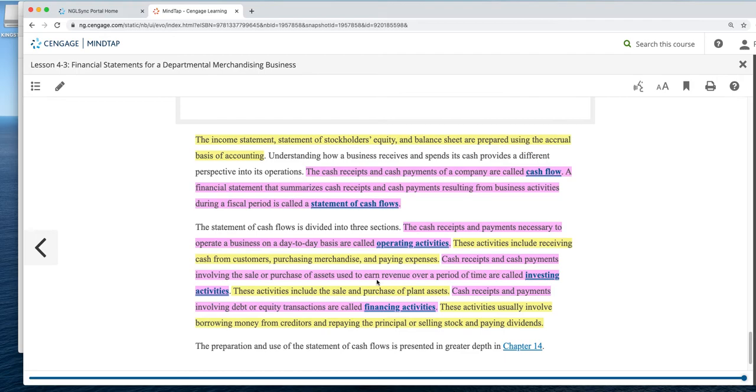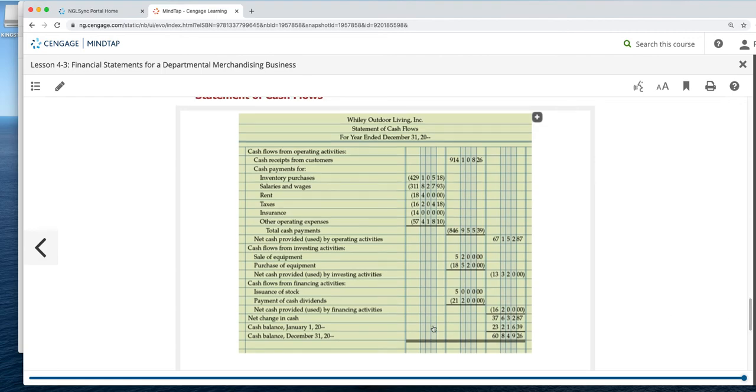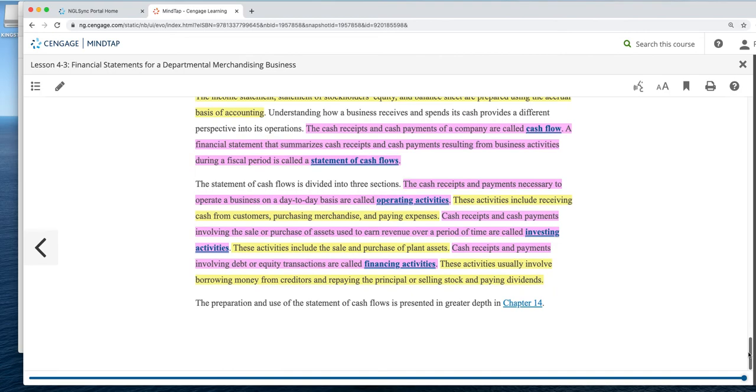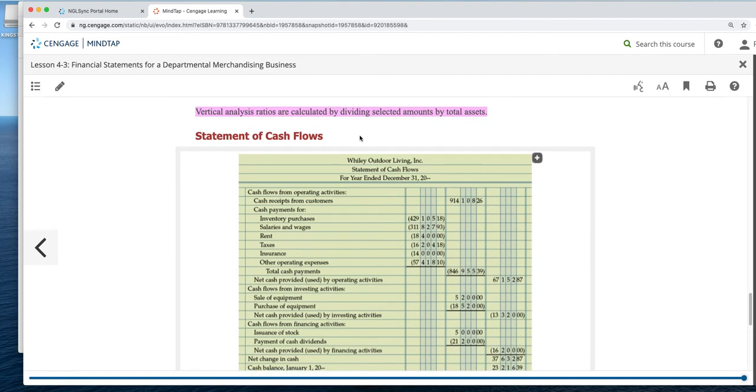Investing activities are when we try to earn some revenue, with some extra issuing of stocks, those types of things, cash payments. It also says sale or purchases of plant assets, but any kind of cash receipts, payments, or finances will all be involved in there. So when you're looking at this, you have your financing activities from the stock, the sale of equipment will be in investing, and then our cash payments, just the way we usually do. So you're going to be using a lot of different information from here, which is pretty much going to come from your directions.